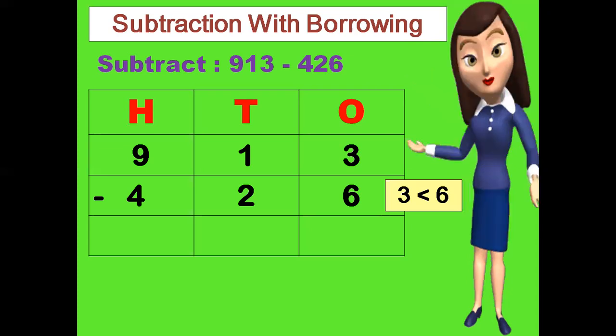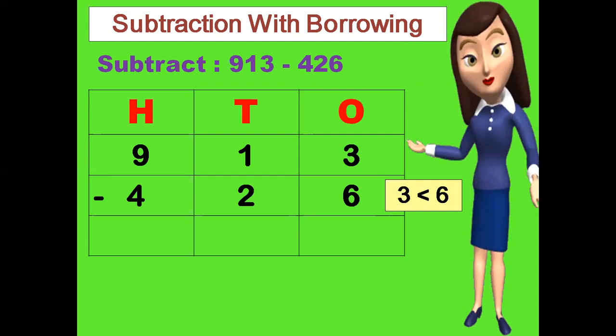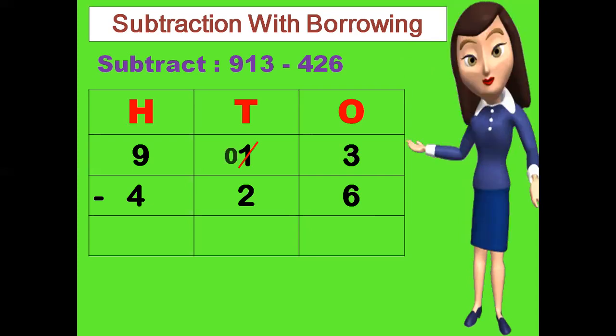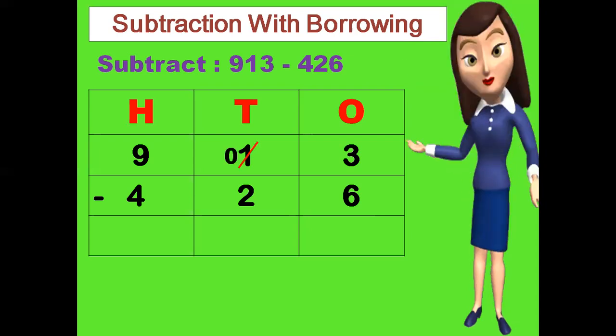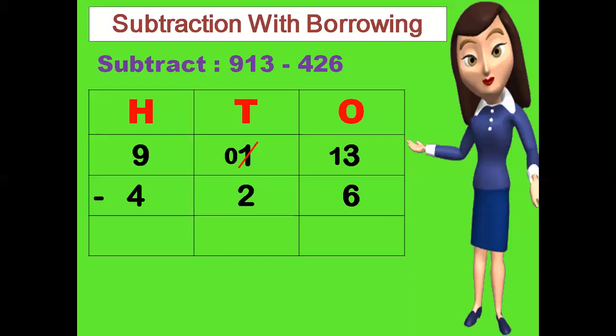We cannot subtract 6 ones from 3 ones. So we break tens into ones. Now 3 borrows 1 ten from the 1. So 1 becomes 0 and 3 becomes 13. Now it is possible. 13 ones minus 6 ones. We get 7 ones.